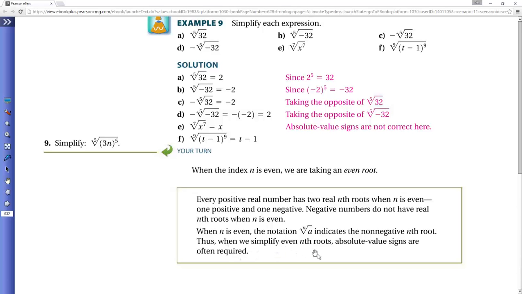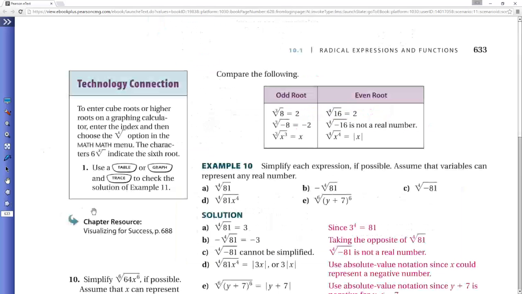Thus, we simplify even nth roots. When we simplify even nth roots, absolute value symbols are often required. Again, this is to stay within our definitions of functions, because we're going to work with functions quite a bit. This box gives nice examples of what those two things were explaining.